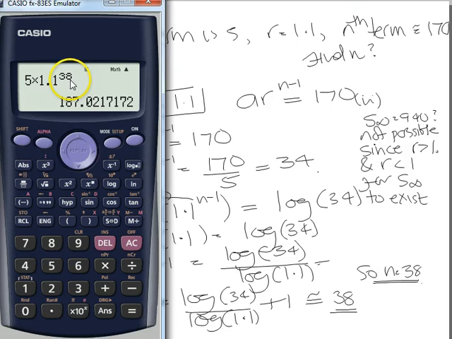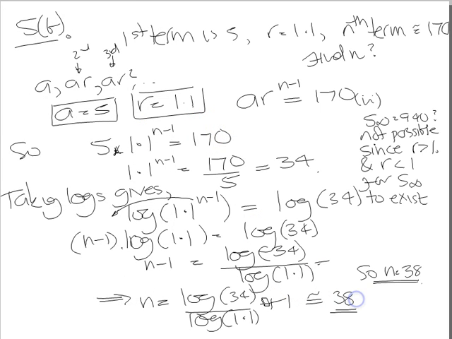AR to the n minus 1, sorry, that's 37, because that would be the nth term. So it's 37, yeah? Yeah, 170 to the nearest digit. Good, that's what we wanted, so that answer there is okay. And we've mentioned the convergence of the series. Okay, good. Let's go on to the next part.